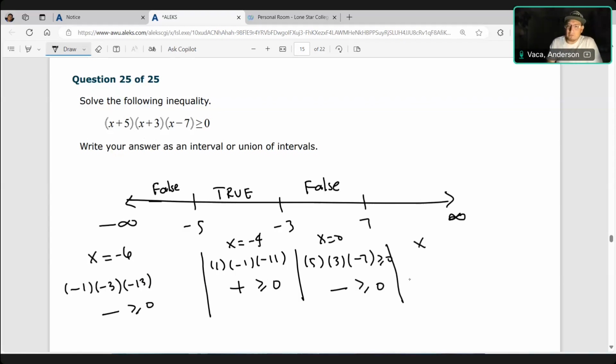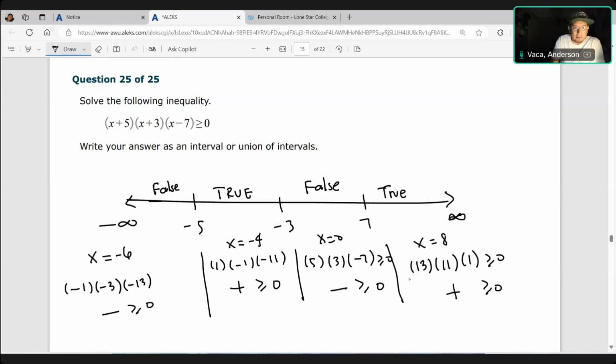Let's see what happens when we choose something to the right of 7, like 8. 8 plus 5 is 13. 8 plus 3 is 11. 8 minus 7 is 1. This will be a positive number, and it will be greater than 0, so this will be true. I almost wrote the wrong stuff.